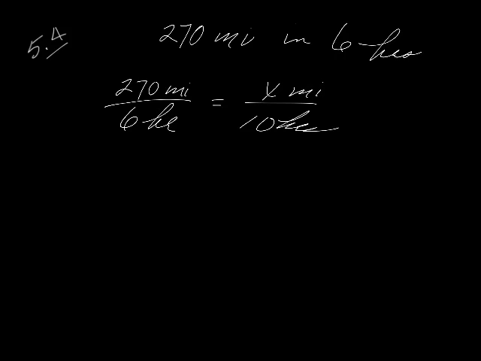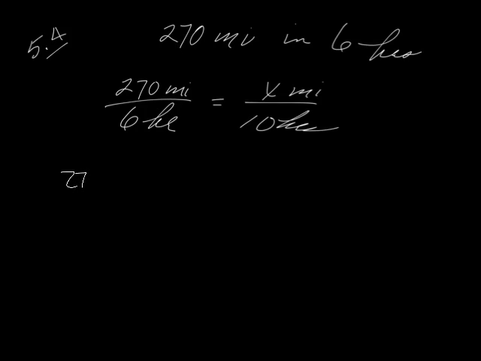All right, so see how this is set up. We put miles and miles on the same line, and time on the same line. It doesn't matter if those were switched around, hours on top and miles on bottom, as long as you have your common units on one level and your other common units on the other level. And then we use our cross multiplication.